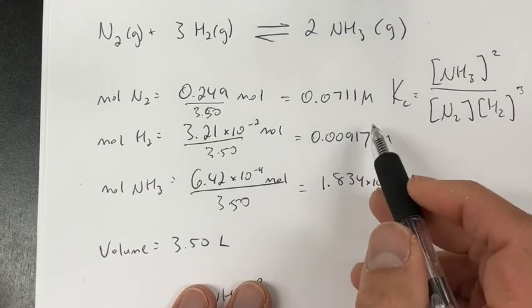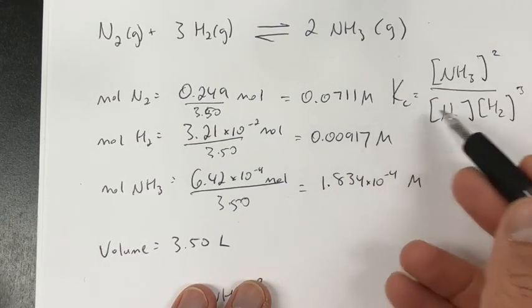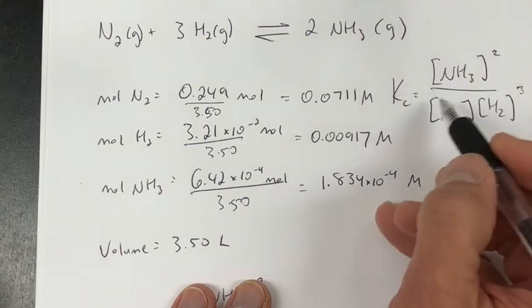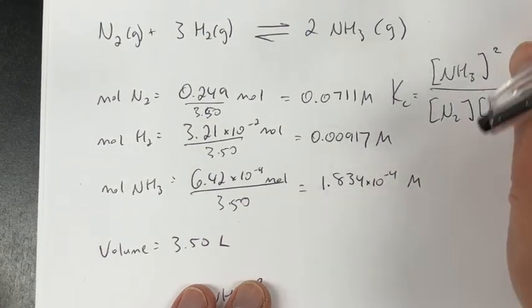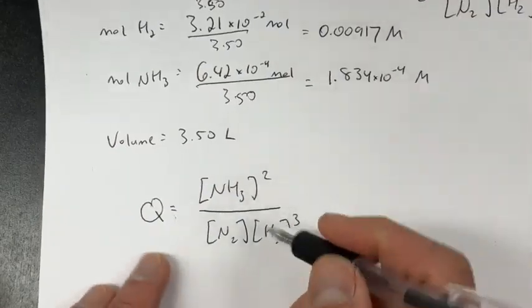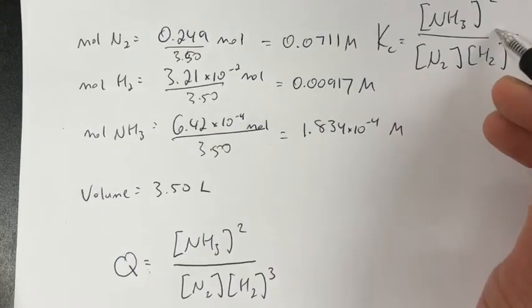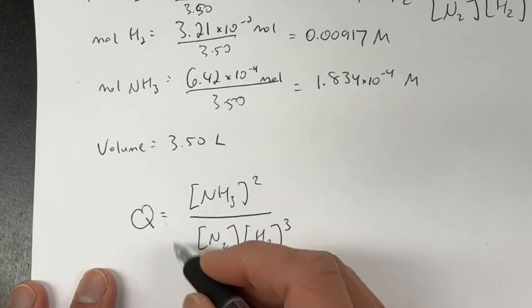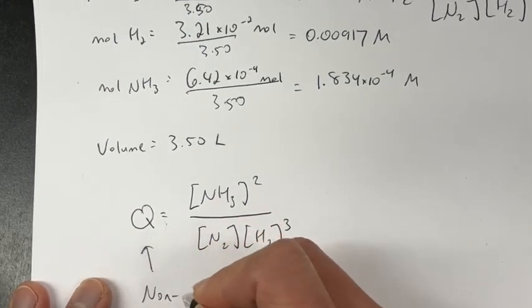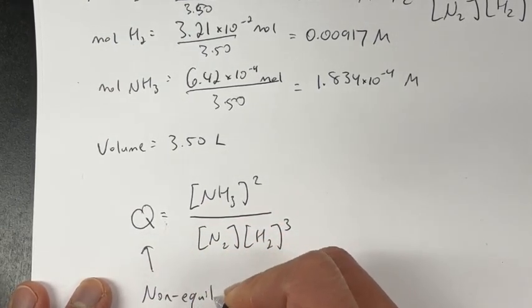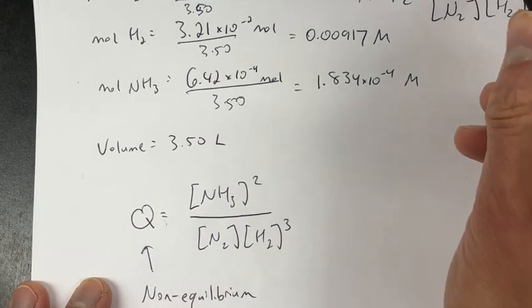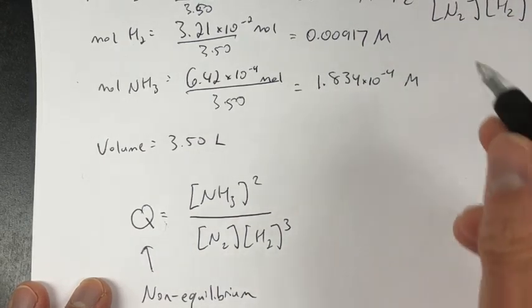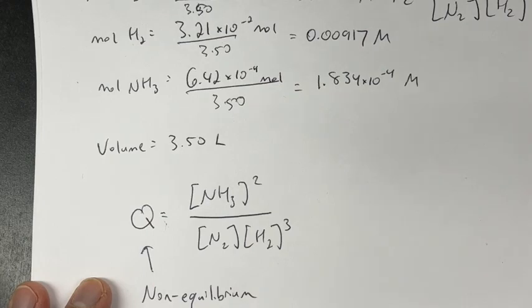And what I'm going to do now is just plug it into the expression. Now I know that K is this, but Q is also the same expression. You'll ask, well, why do I even bother writing this out again? Well, Q, remember, is non-equilibrium conditions. K is at equilibrium. And we know what K is. K is 1.2 from the problem.